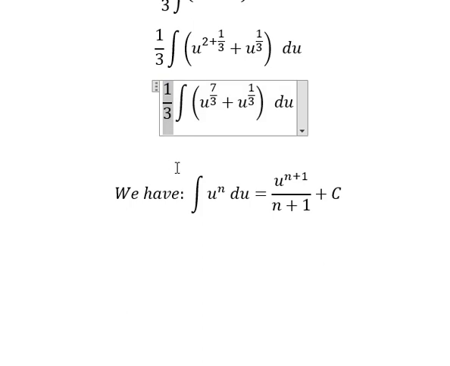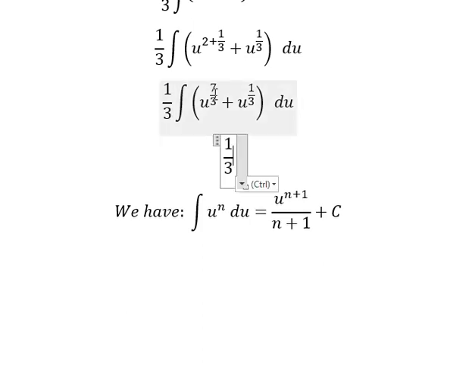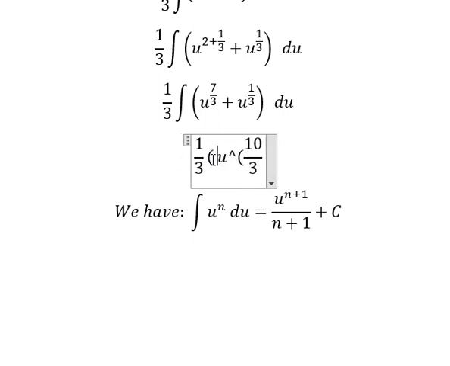So we put 7 over 3 here. So we have 7 over 3 plus 1, and that is 10 over 3, over 10 over 3.